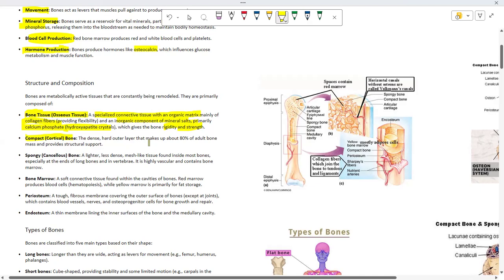So if you look at the diagram on the right side, this blue colored portion here is the cortical bone area. So that's a cross section through the bone. If you cut across, you have this diagram here.